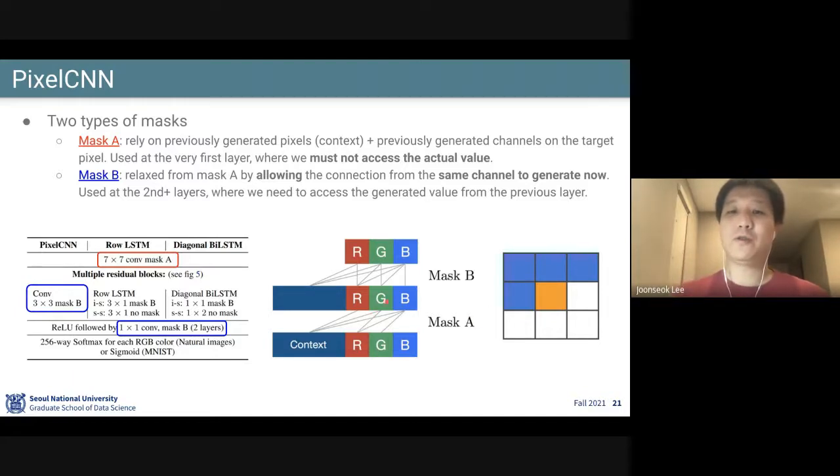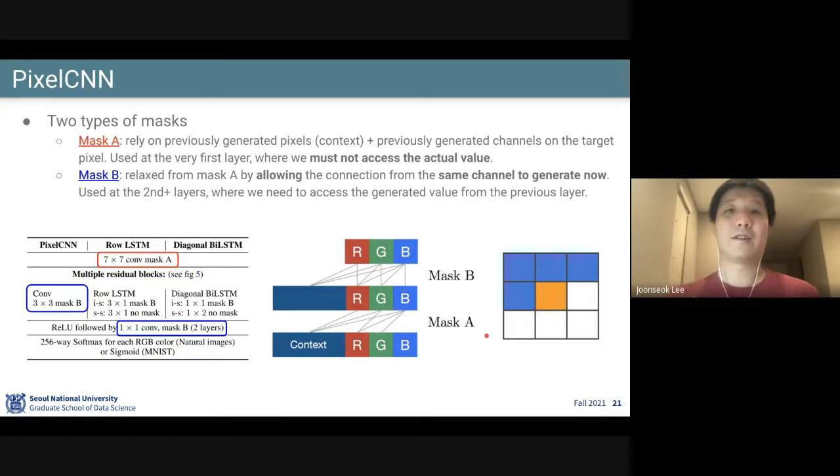And when we generate G, then we can use these blues and also the red component of this target pixel. So G refers to R and the context. When we generate B, we have the context, and R and G. So mask A uses only the information that we already generated, the previous pixels and the same pixel's components preceding that particular color.